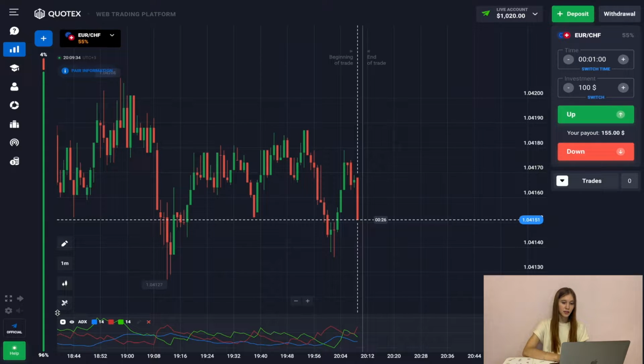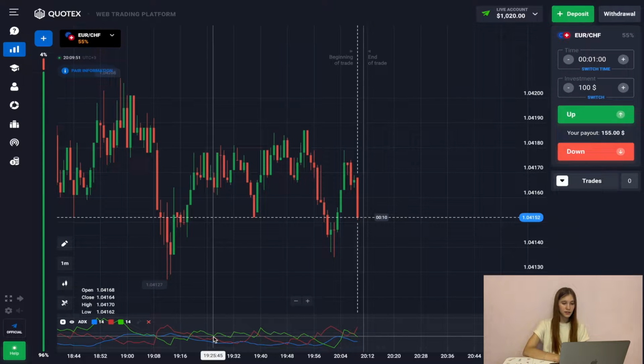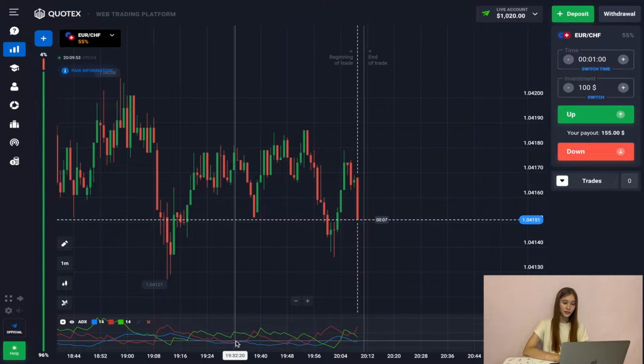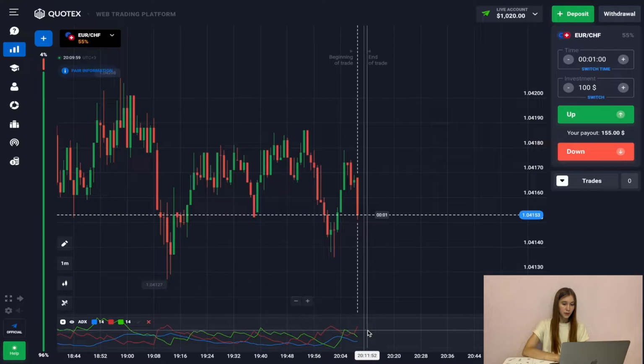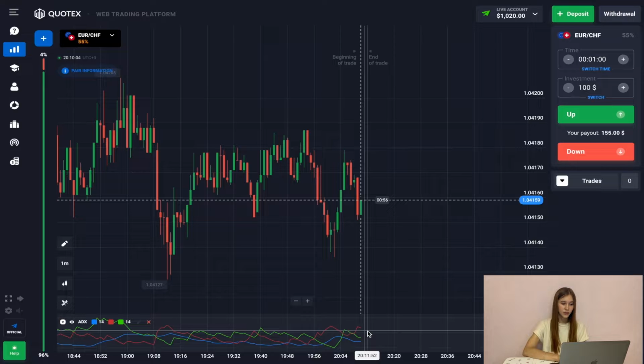The ADX indicator consists of three moving lines, as we can see already marked: minus DI in red, plus DI in green, and the ADX line itself in blue. If this ADX line crosses or prevails at the 25 mark, where our average value is 25, then the trend prevails in the market.